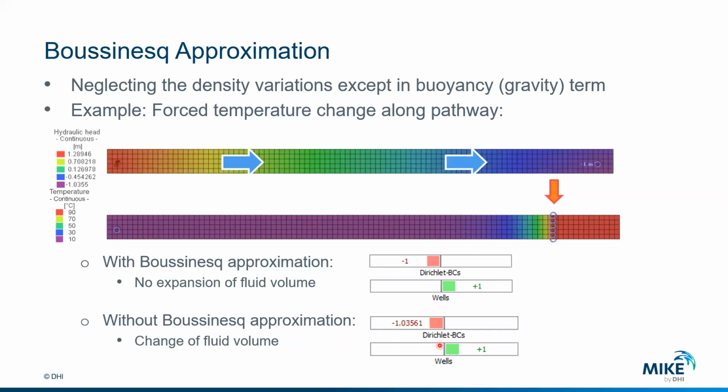So you add 1 cubic meter per day on the left side, but you get more because we account for the expansion of the fluid. So we have a little bit more in this case. That's a nice slice if you want to understand what it means to work with or without the Boussinesq approximation in FEFLOW.